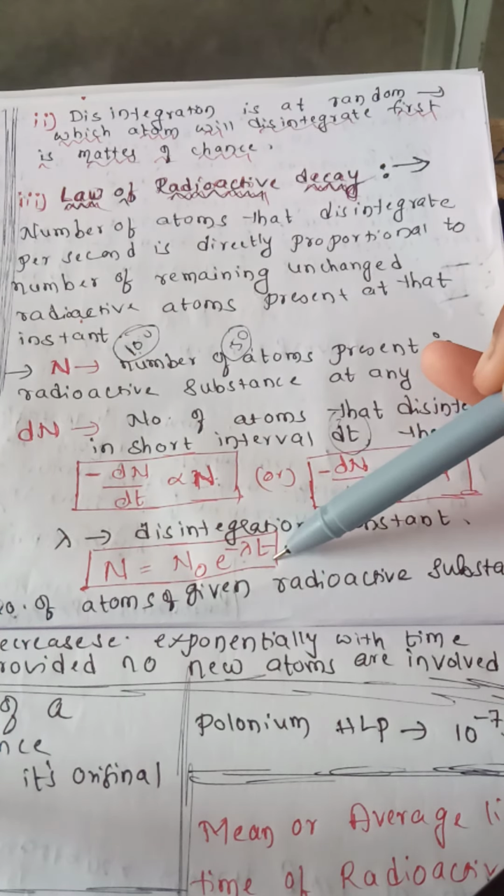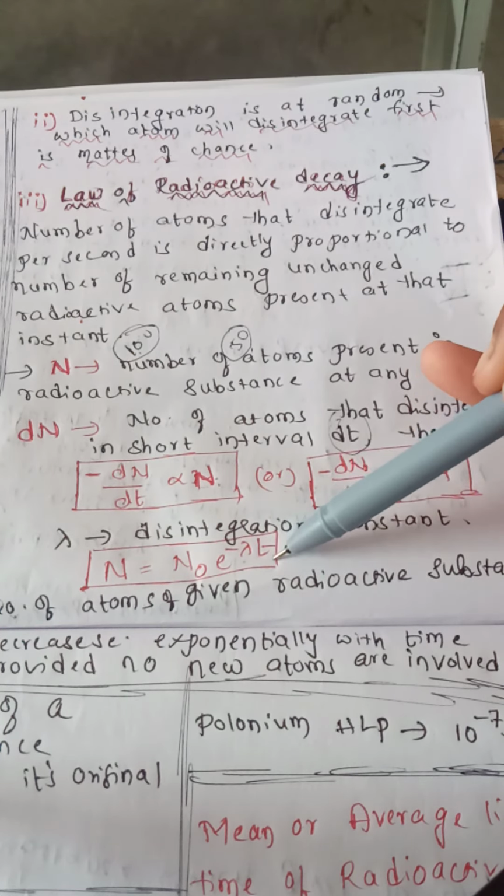This gives the number of atoms in the radioactive substance, and it decreases exponentially with time, provided no new atoms are added. Alright, this is about the law of radioactive decay.